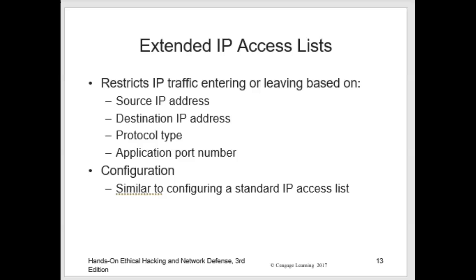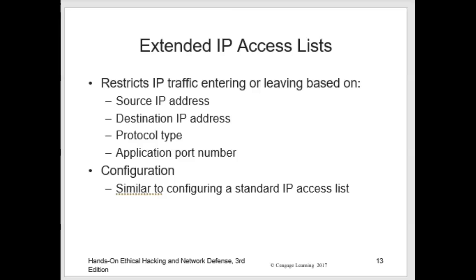And then there are extended IP access lists. So if you want to restrict a user from sending a packet to a specific IP address, you can't use a standard IP access list. So you use extended IP access lists. And these can restrict IP traffic entering or leaving a router's interface based on the following criteria listed on the slide: the source IP address, destination IP address, protocol type, and application port number.